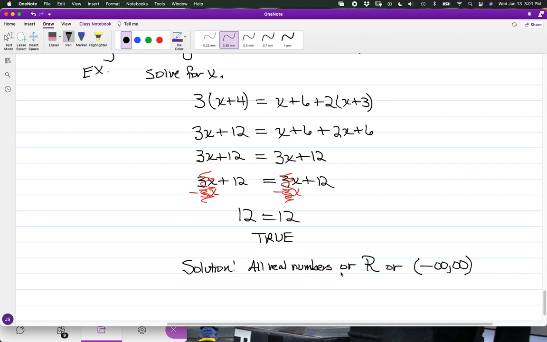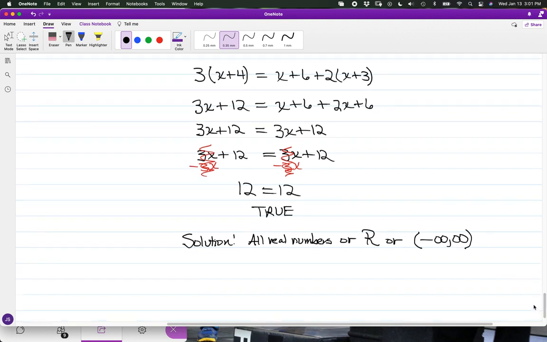We're just referencing all real numbers, like positive numbers, negative numbers, zero, fractions, radicals, reducible fractions, irreducible fractions, that sort of stuff. And so again, this is yet another case of what we have with an identity.